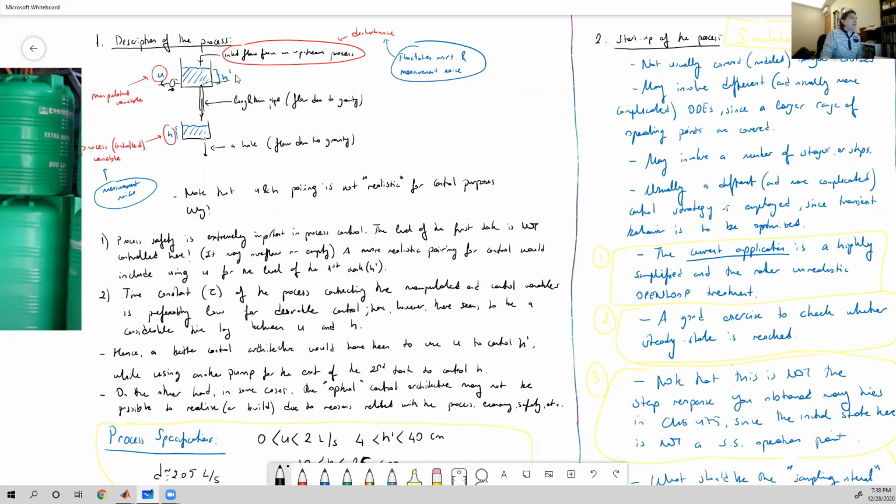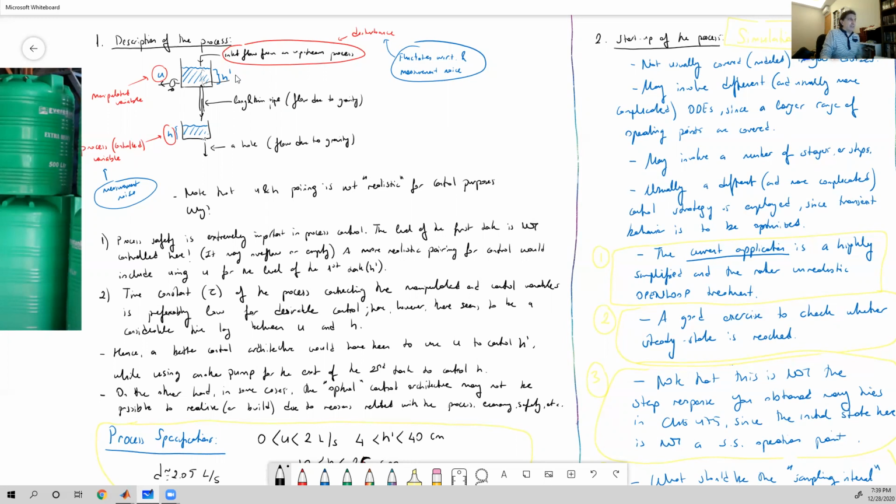So this is how we relate the manipulated variable to the controlled variable. As you can see, it's an indirect way of pairing these two.